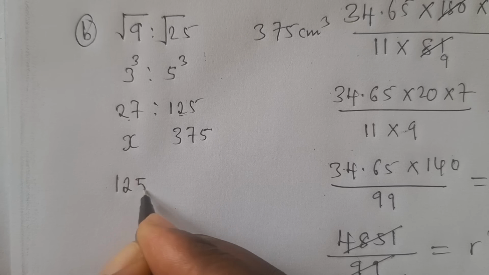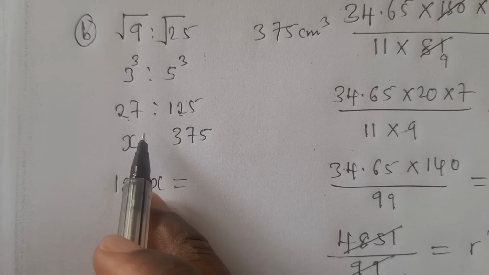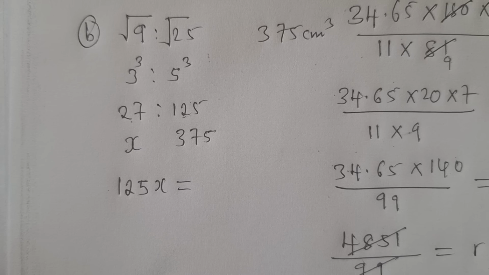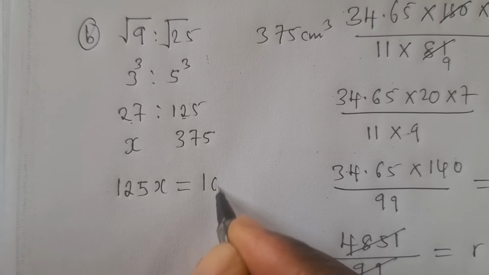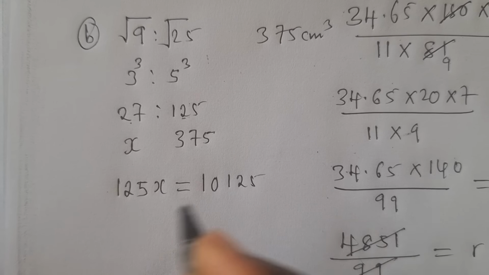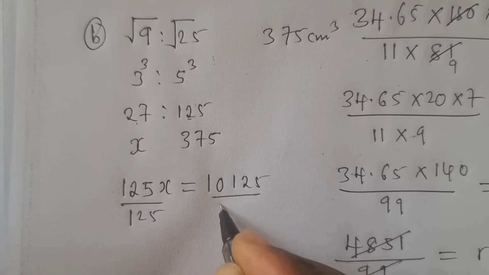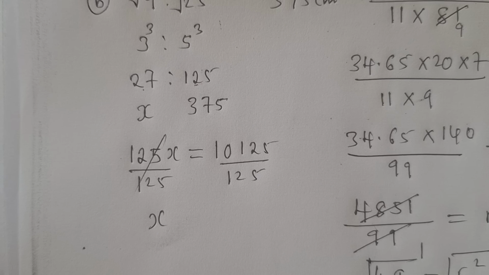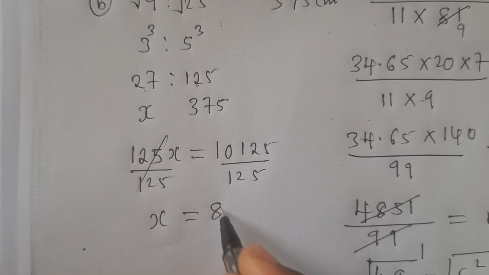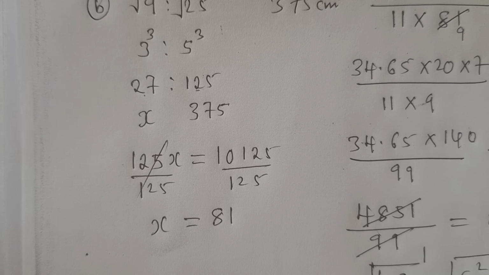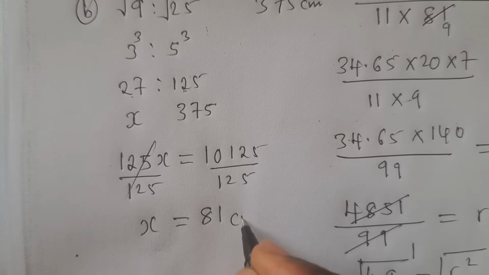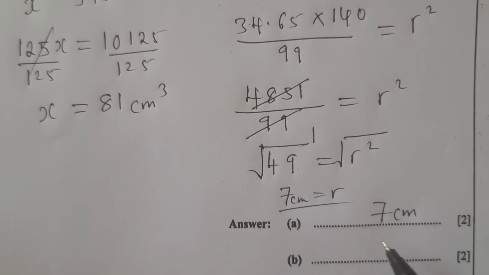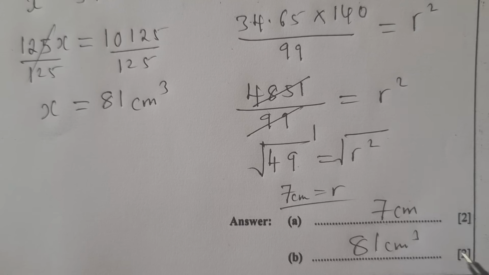This will give us 125 x is equal to 27 times 375. This is giving us 10,125. We divide by 125, by 125. These two cancel. We shall remain with x is equal to 81. So the volume of the smaller one is 81 centimeters cubed. So we write 81 centimeters cubed here.